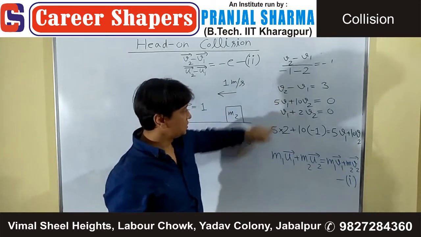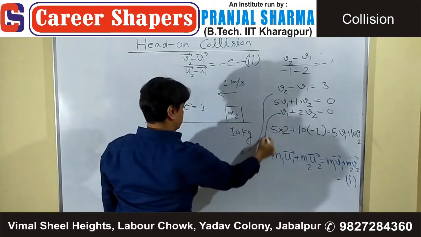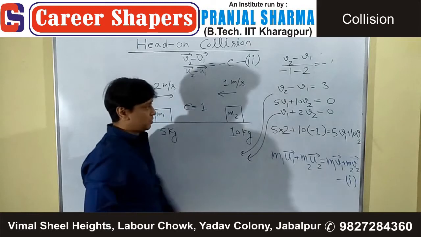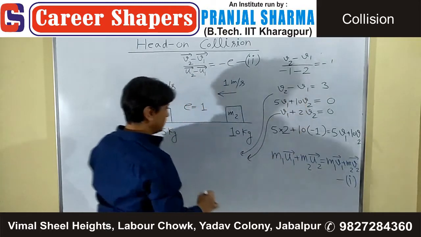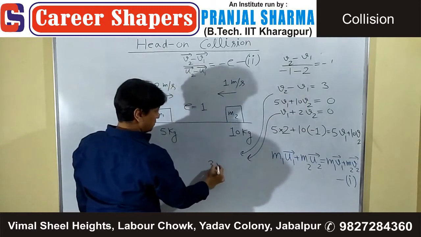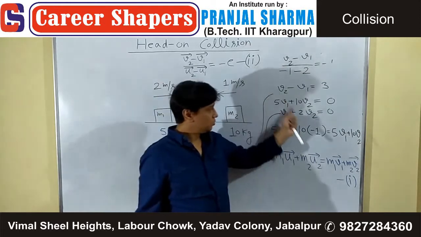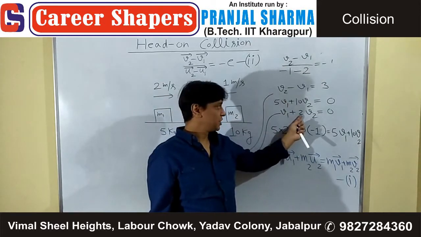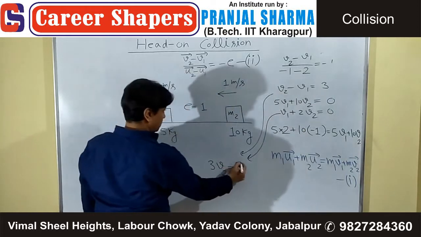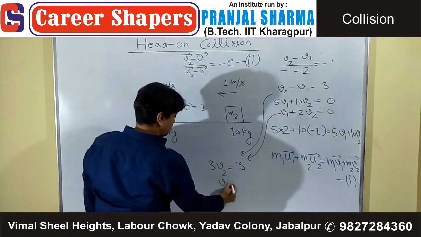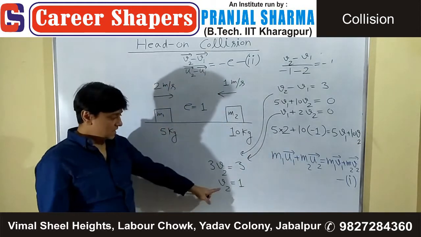Add these two equations. When you add them, V1 and V1 cancel. V2 plus 2V2 gives you 3V2, and 3 plus 0 is 3. So V2 comes to 1.